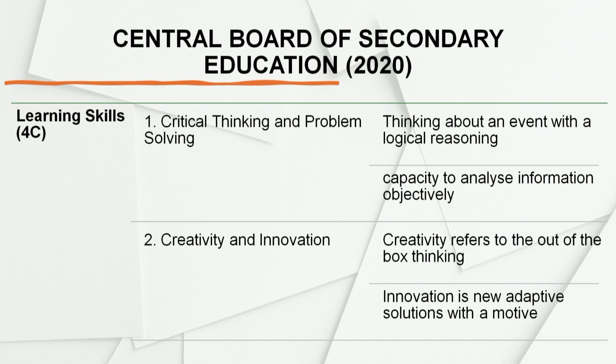Creativity and innovation talks of thinking out of the box. Again and again, we have said that creativity and originality are very important because they lead to innovations and new adaptable solutions. So that is very important.